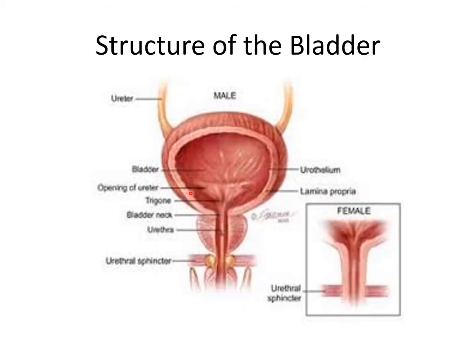Here we can see the urinary bladder, which is a temporary reservoir of urine from the kidney to the urethra, and the two ureters open on the posterior wall of the urinary bladder, passing obliquely.